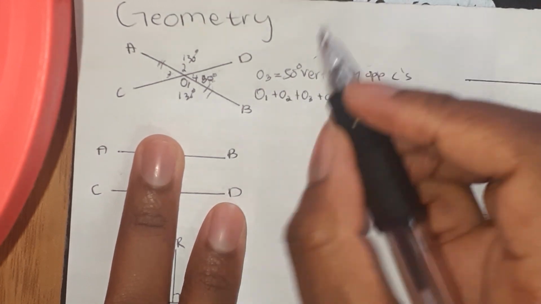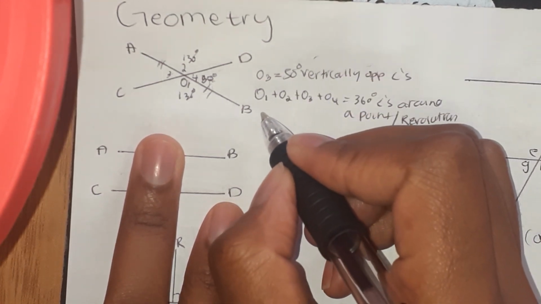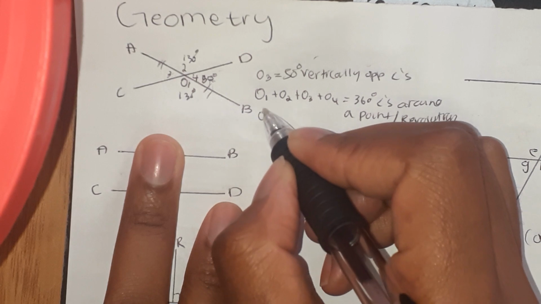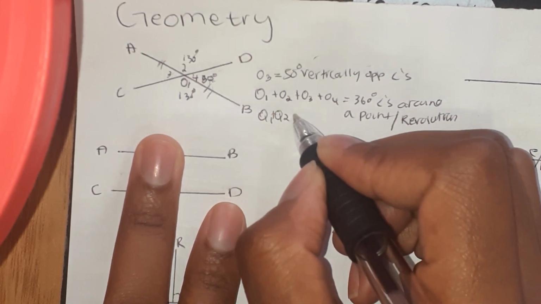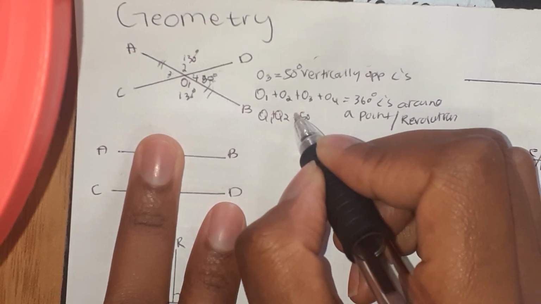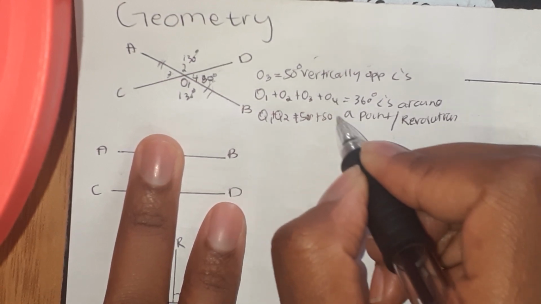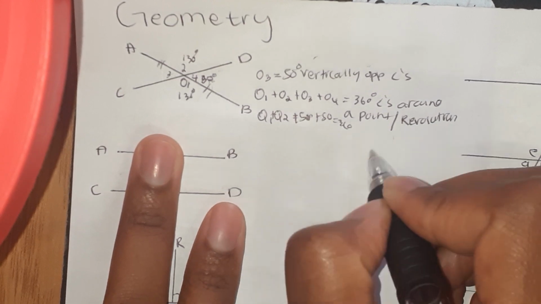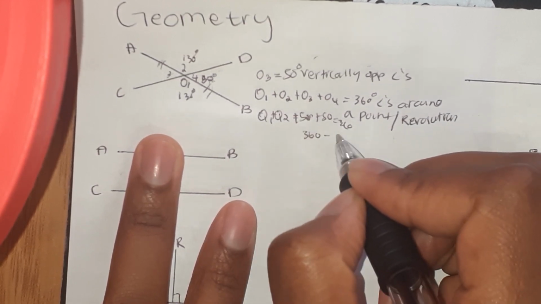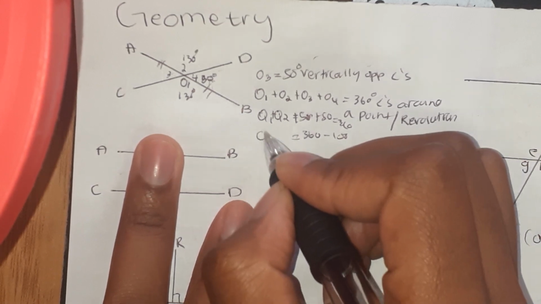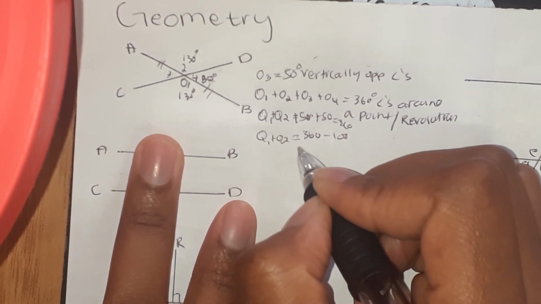And then you will write it as O. You are looking for O1, you don't have it. So O1 plus O2, you have O3 as 50, and you have this one as 50, equals 360. They will come this side, and that will be 360 minus 100 equals O1 plus O2, right?